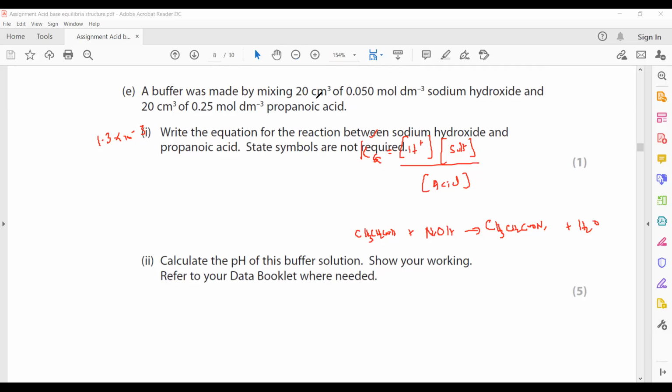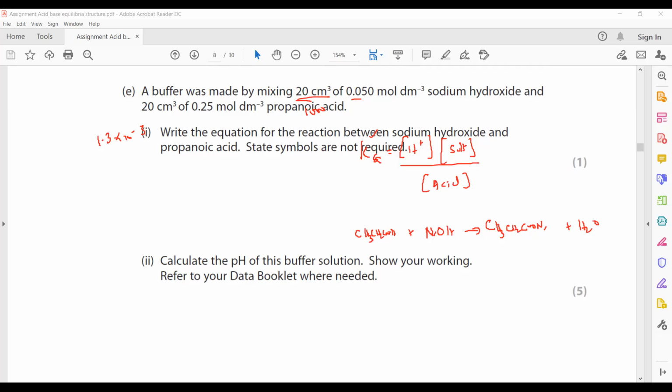So first I will find how many moles will react. For sodium hydroxide, all the moles will react, so it is the limiting reagent. When I find the moles, I multiply volume with concentration, but the volume is in cm³, so I should convert into dm³. So 20 multiplied by 0.05 divided by 1000. What's the answer?